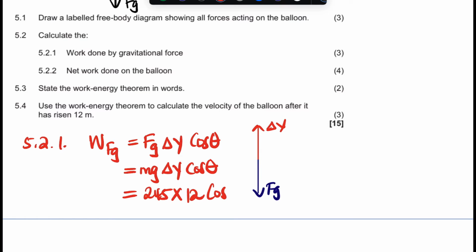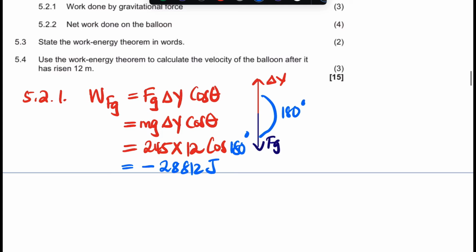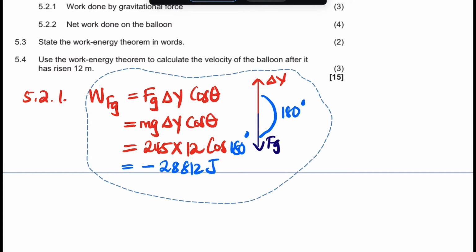So the angle between the two is 180. So here it's going to be cos 180 degrees. So the answer there is going to be negative because of that. When you punch that in the calculator, you have negative 28,812 joules.